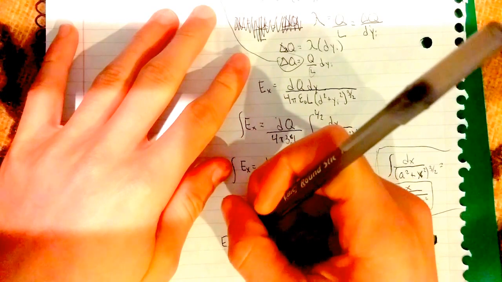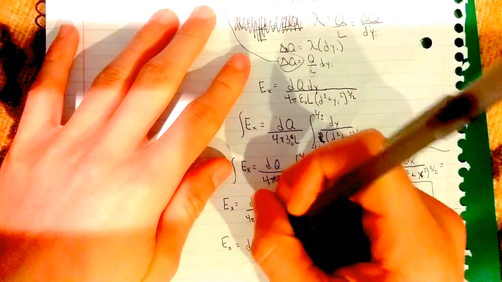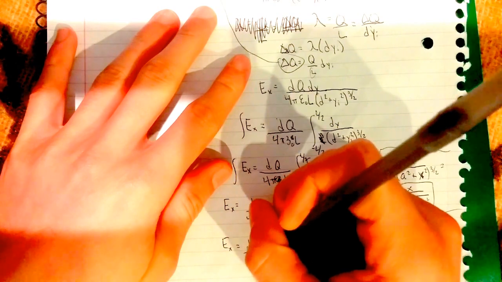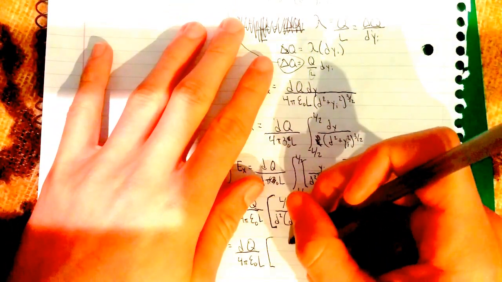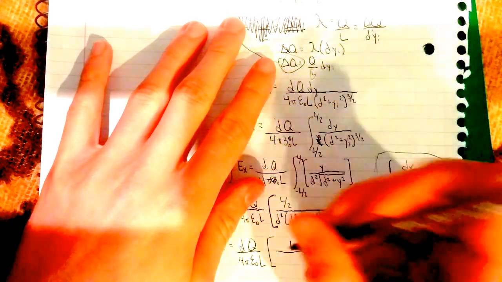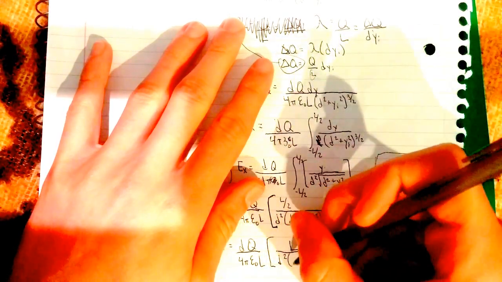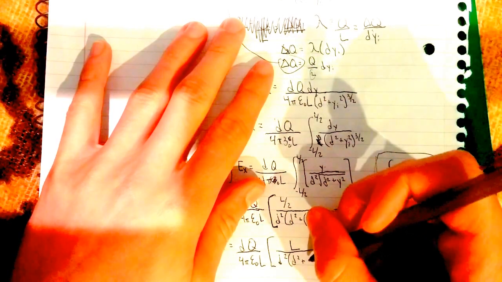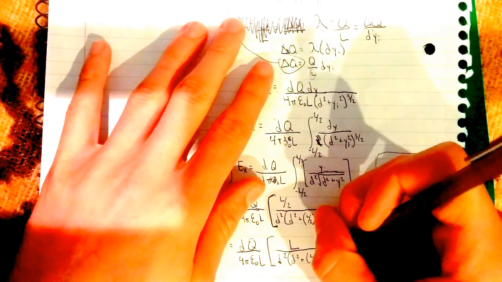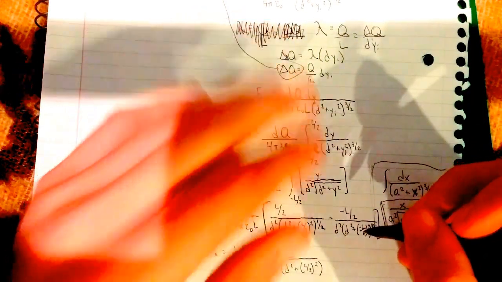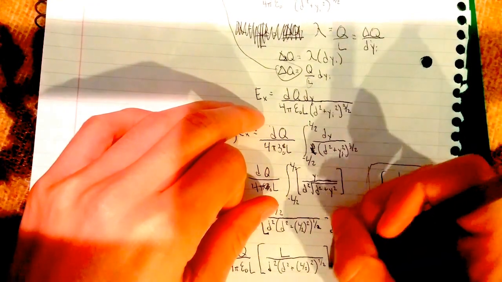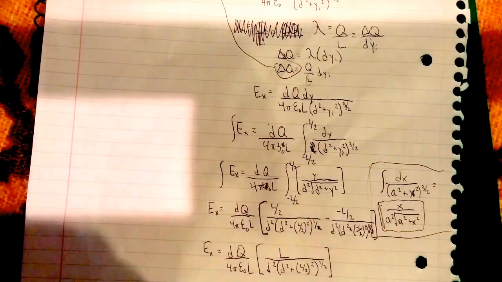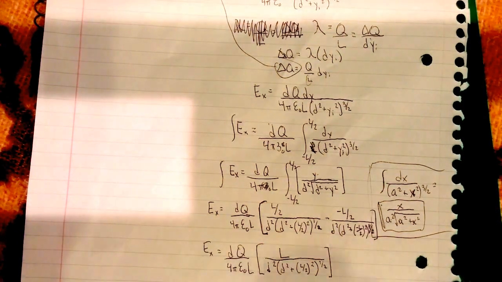So Ex is equal to dq over 4 pi epsilon naught L times, so this is going to be plus a positive, so that's just going to be L over d squared times (d squared plus L over 2 squared) to the 1/2. So now we can start to cancel terms out here.